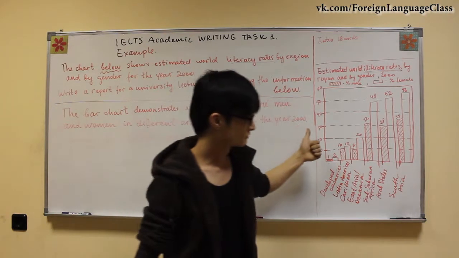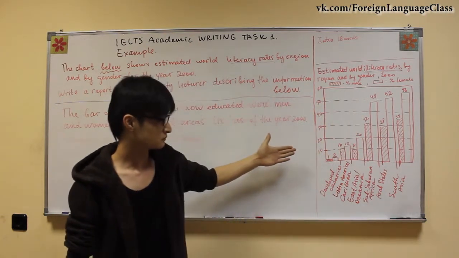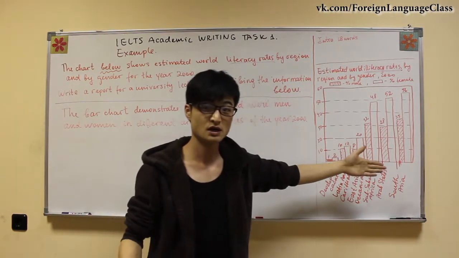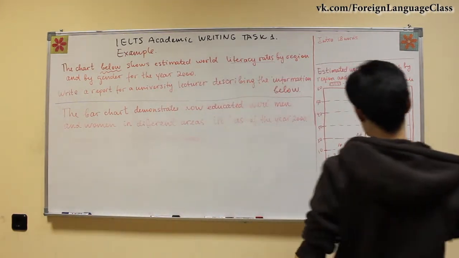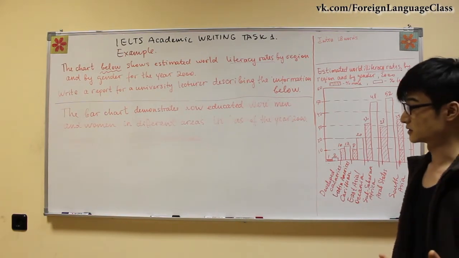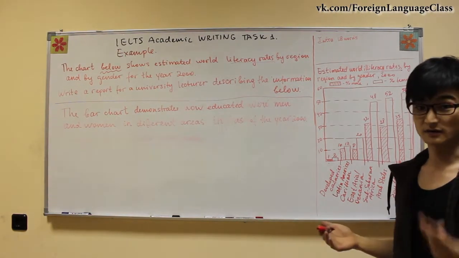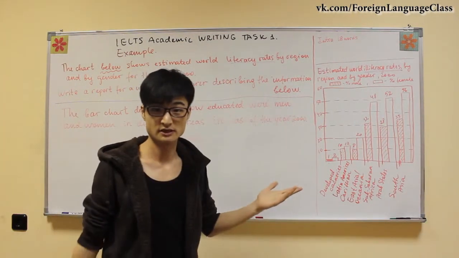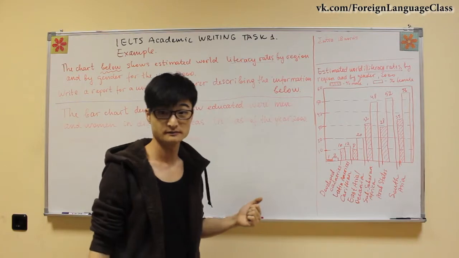Describe in whole the literacy rates in the 6 regions. What were the literacy rates in the 6 regions among men and women? In paragraph 2, I will describe the difference between male and female illiteracy rates. Okay. Now, let's continue. Let's start our main body.